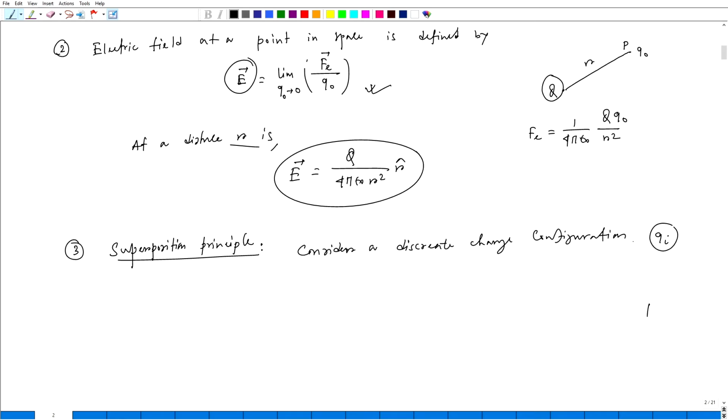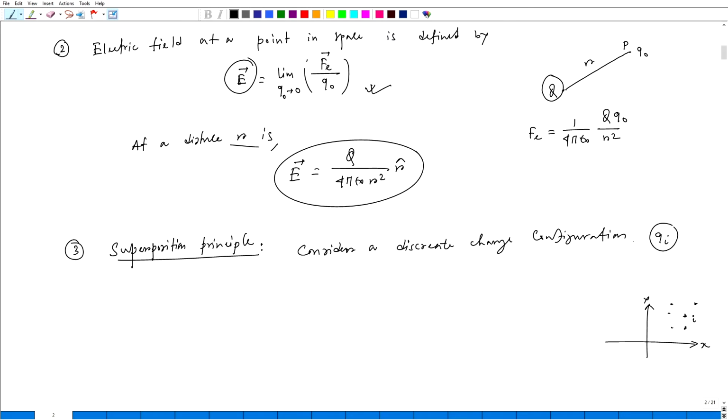Okay. So if you consider x, y, and you consider there is some charge configuration, we label each point as i. So i means 1, 2, 3.